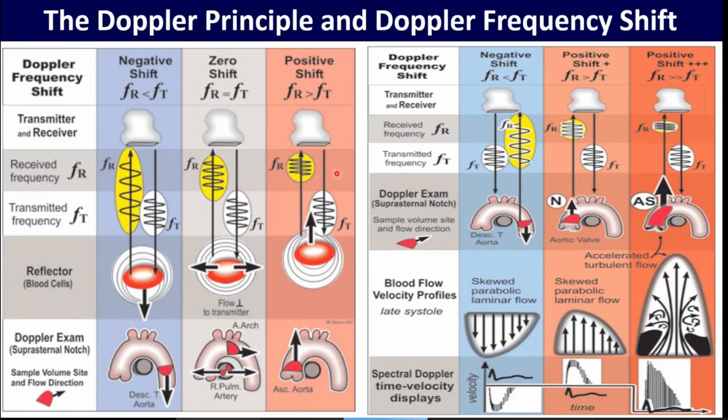This is the emitted frequency, and this is the received frequency. Because the blood is coming towards the transducer, you get increased frequency. So this frequency shift can give us an idea of, as I said, the direction and velocity of blood flow.